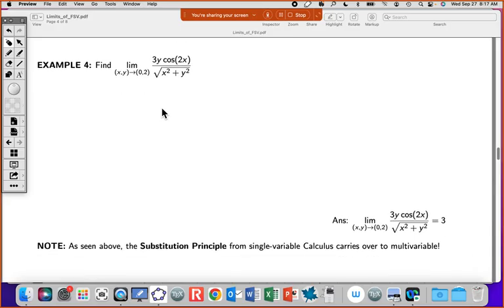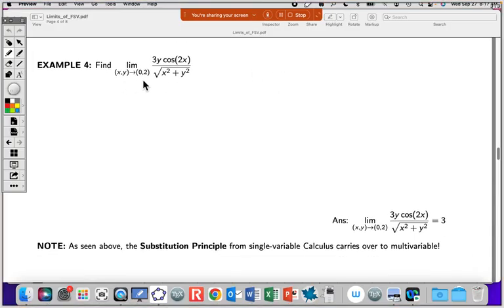And so if you're asked to evaluate a limit like this, the limit as (x,y) approaches (0,2), you can think through it this way. X is going to 0, y is going to 2, so 3 times y is getting close to 3 times 2. x is going to 0, so 2x is getting close to 2 times 0.